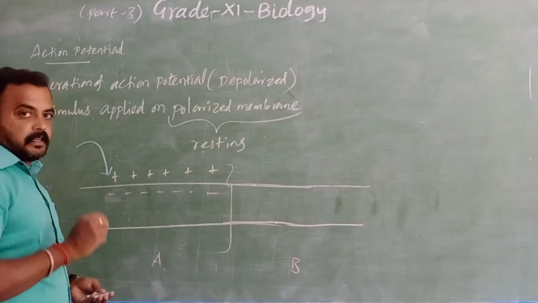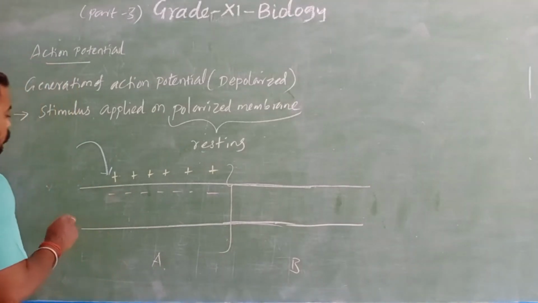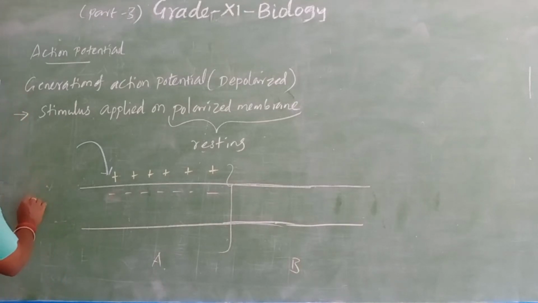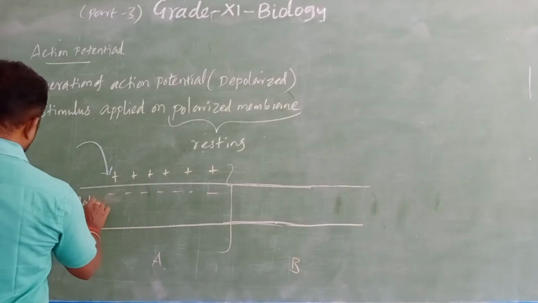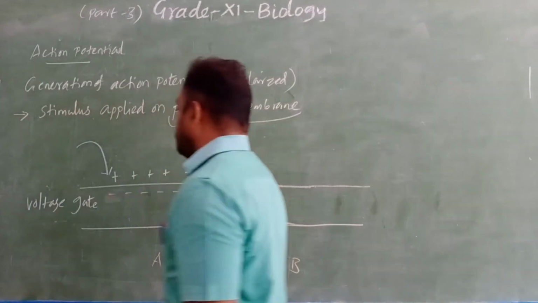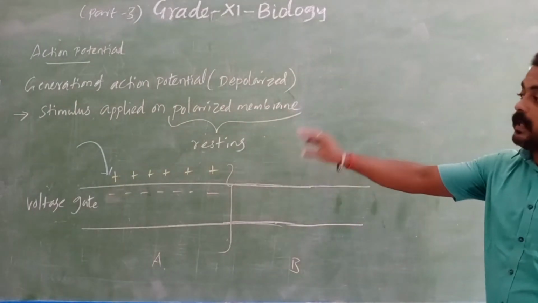What ion channels? The voltage gated ion channels are open when the stimulus is applied.